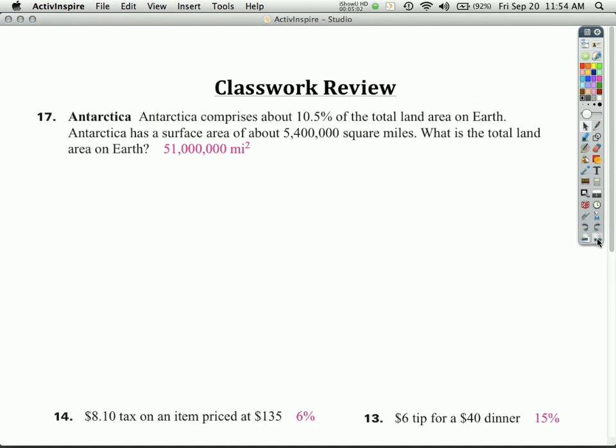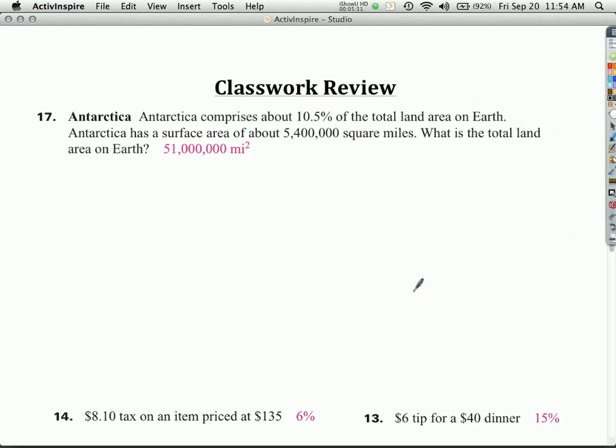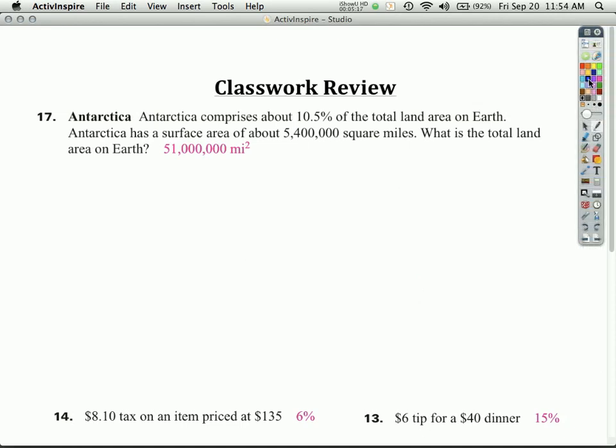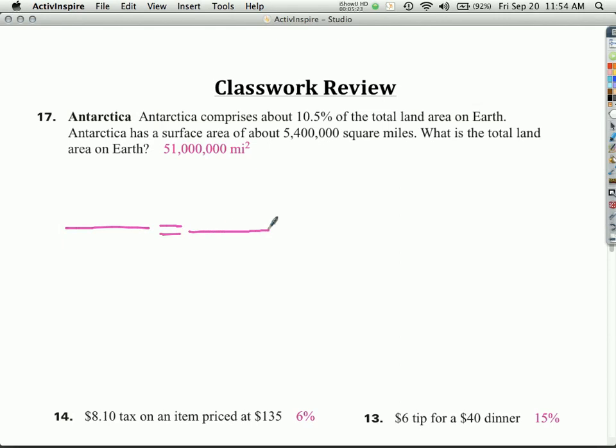So 17 is the question that was similar to the example we did, where my goal for you was to take a complicated sounding scenario and rewrite it. Whether you actually rewrote it or just use your brain to rewrite it, the key is to be able to fill in the spots on the proportion.